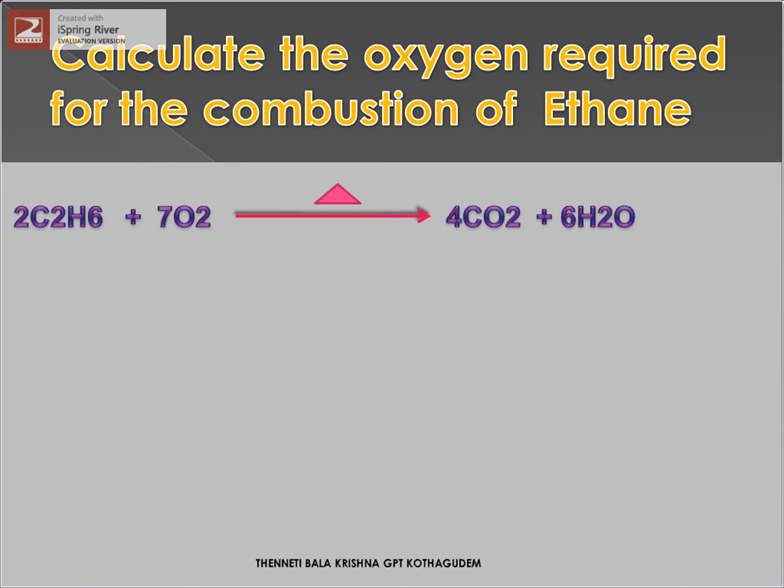But when you balance the chemical equation, 2 moles of ethane react with 7 moles of oxygen. It produces 4 moles of carbon dioxide and 6 moles of H2O. So we remember only the first part, which is useful to calculate the problem.